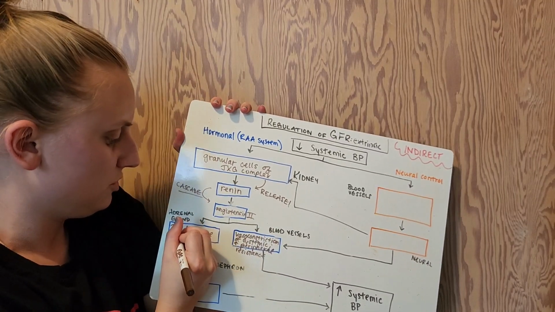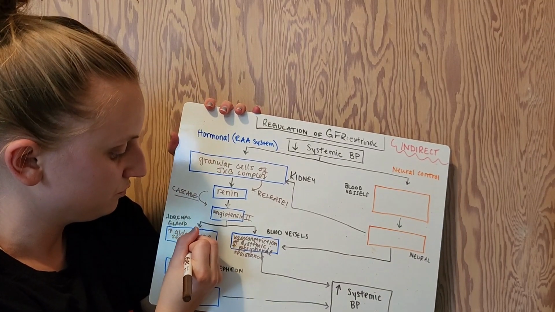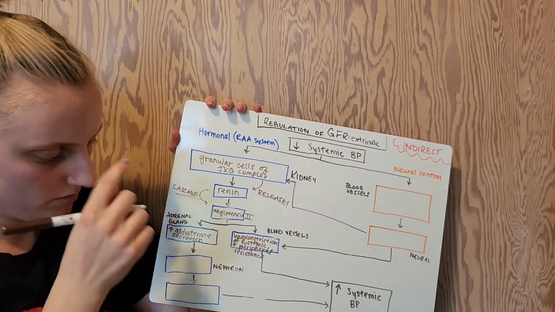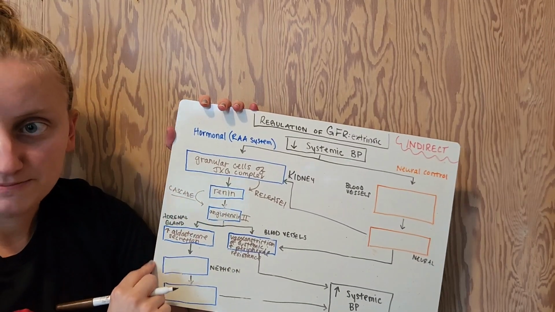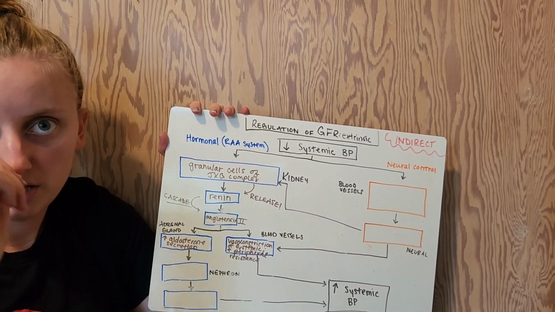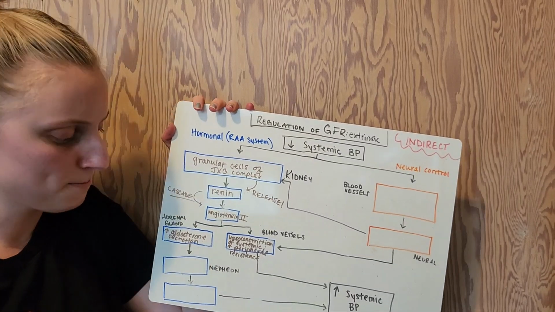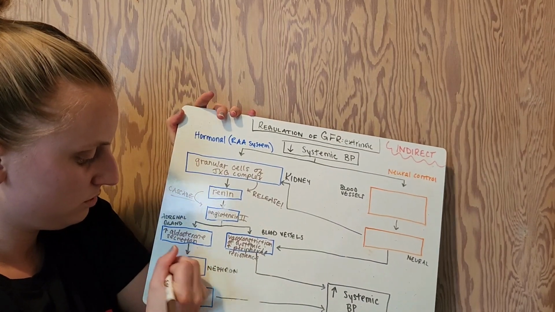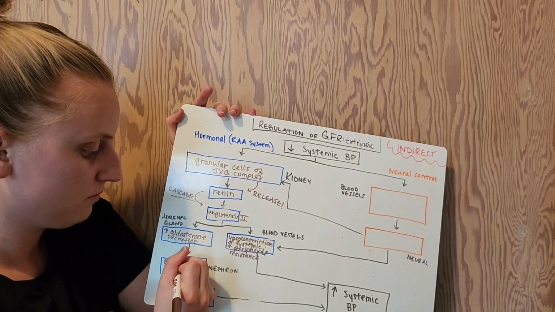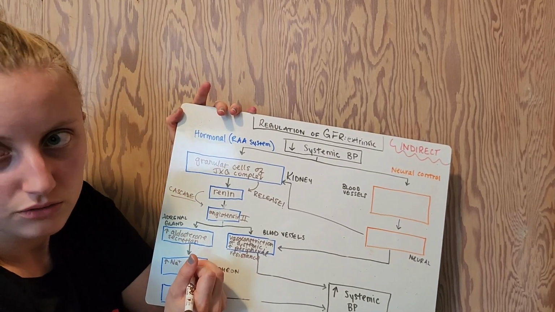Great. Aldosterone secretion means that we have an increased sodium absorption in the kidney tubules. Increase sodium ion reabsorption.